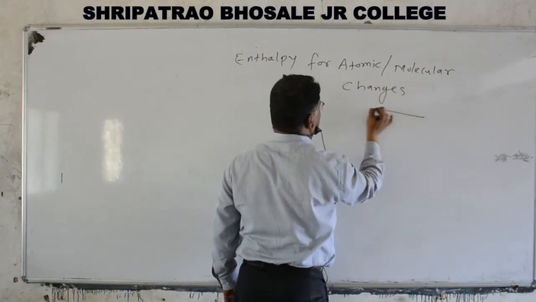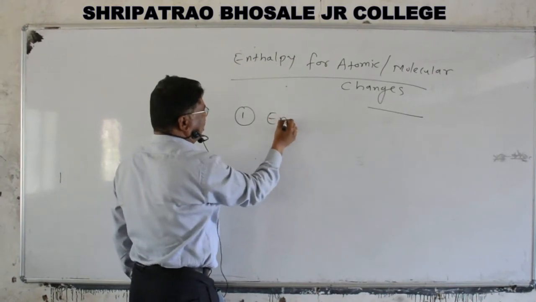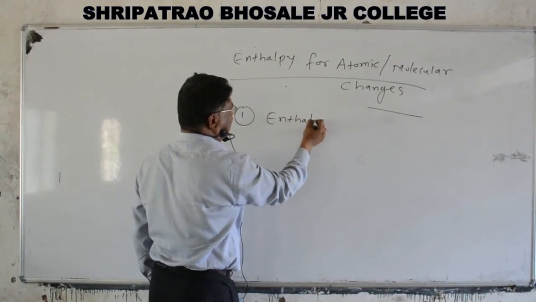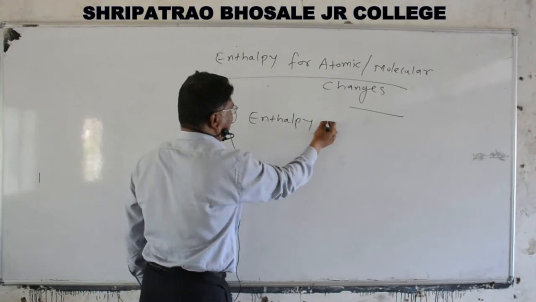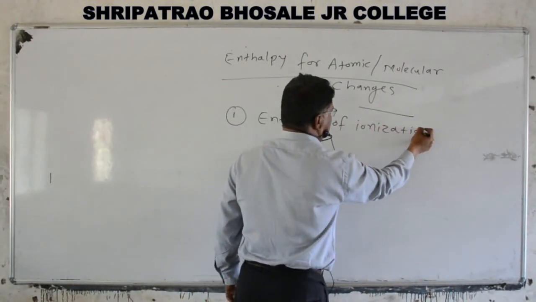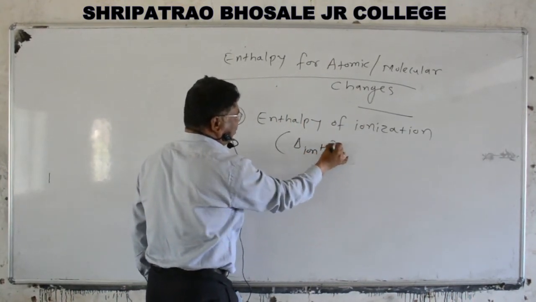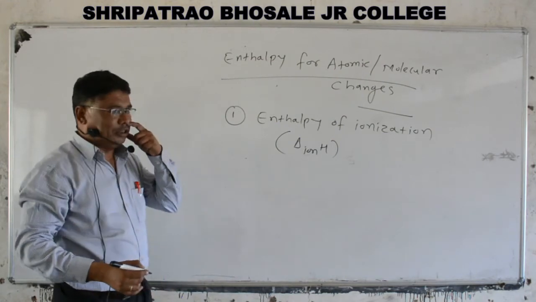You know that in this, the first definition is enthalpy of ionization, denoted as delta H ionization.